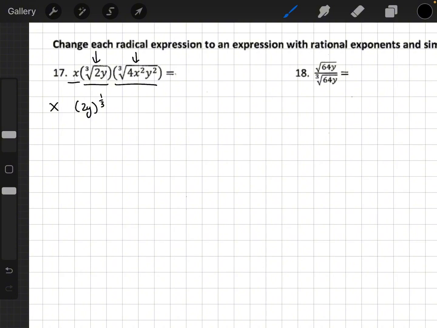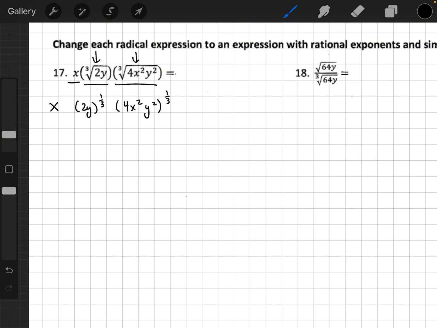Now for the second term, we'll change this radical expression to this exponent, 4x to the power of 2 times y, and we're bringing this to the power of 1/3.